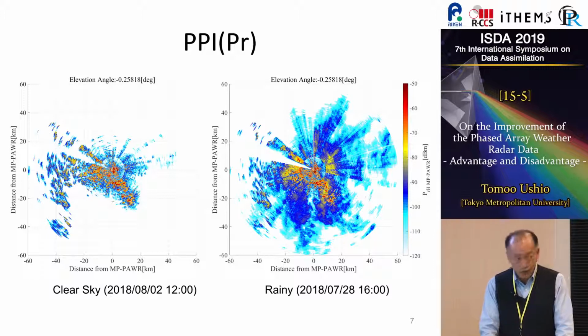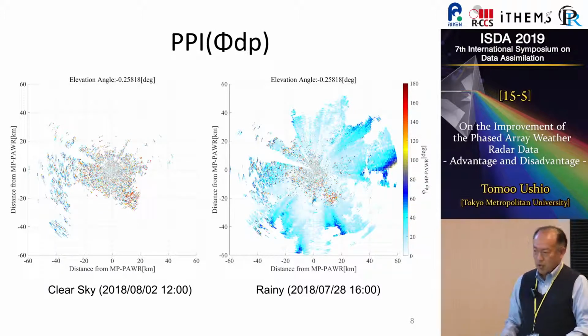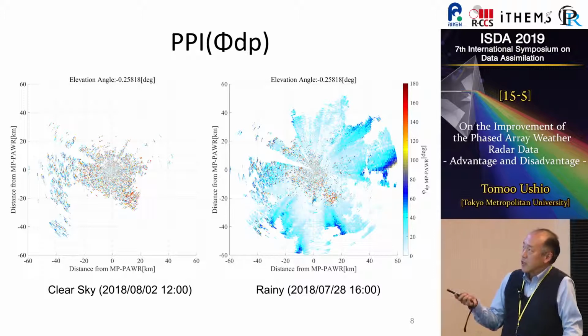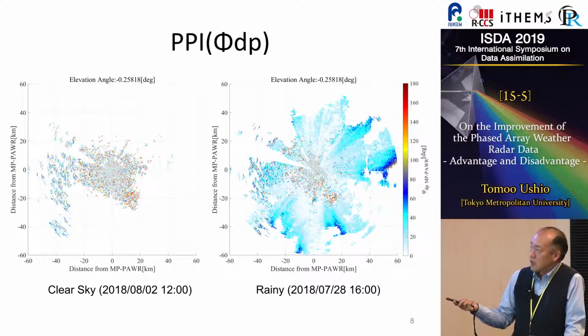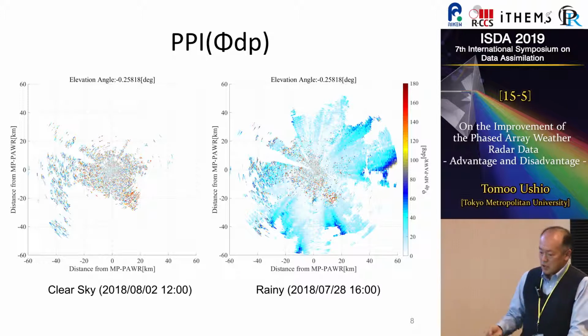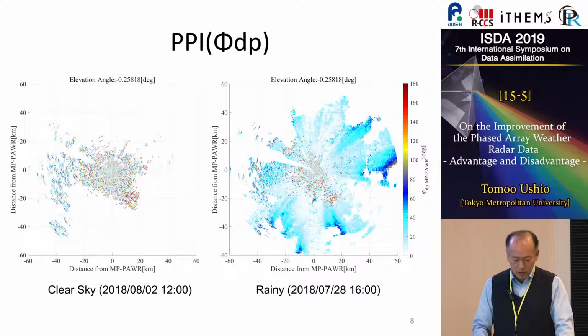Also, look at the dual polarimetric variables like phi DP or KDP. This is under clear sky conditions, and this is under rainy conditions. You still have some problems even in the dual polarimetric variables.